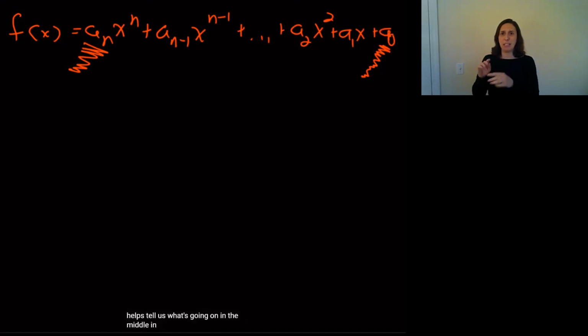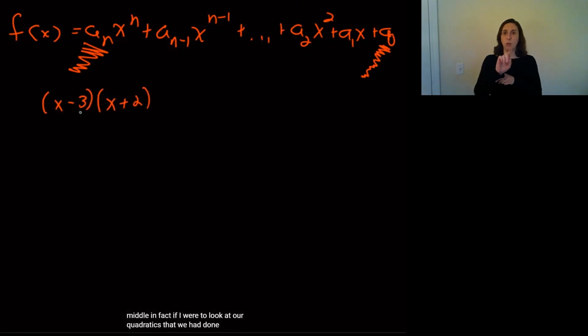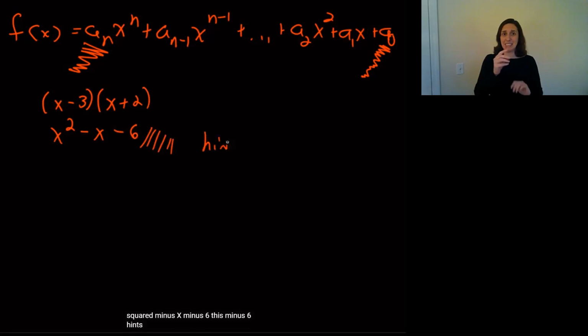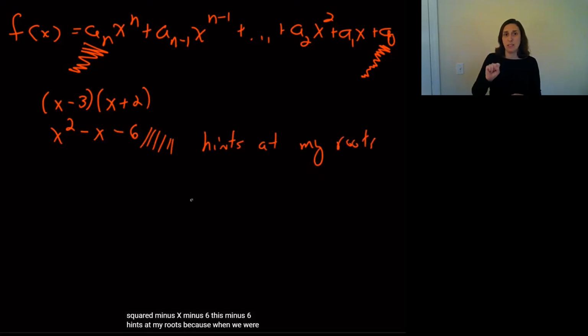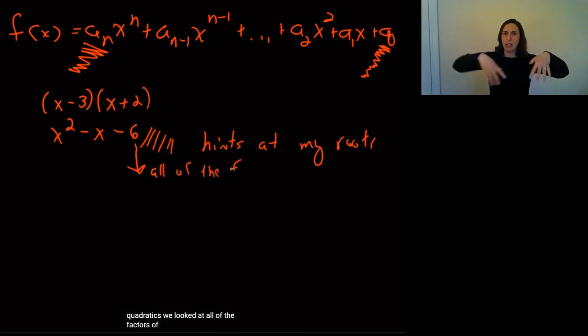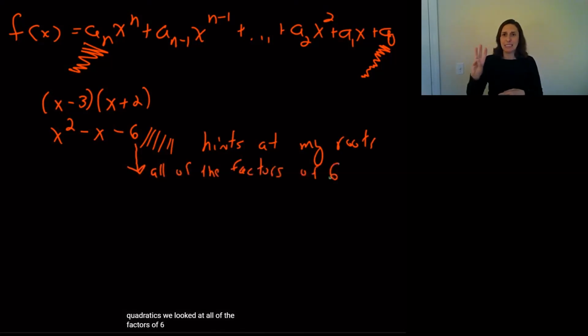In fact, if I were to look at our quadratics that we had done before, if I'm multiplying this out, I get x squared minus x minus 6. This minus 6 hints at my roots, because when we were factoring, when we were solving quadratics, we looked at all of the factors of 6 to find these.